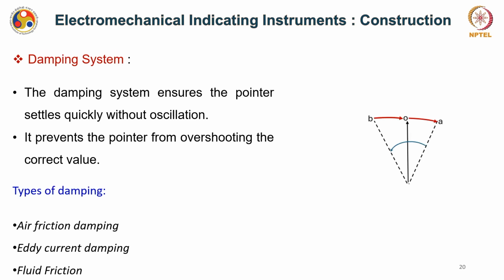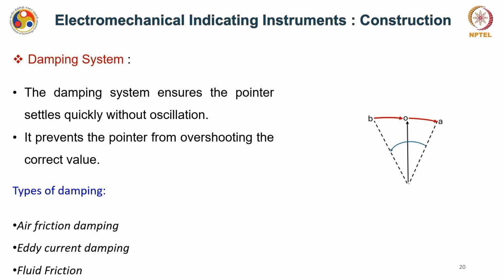Then we have also seen the damping system or damping torque earlier, which was produced by the damping system. The damping system ensures the pointer settles quickly without any kind of further oscillation at the end point. So, it prevents the pointer from overshooting the correct value, and it makes it go to both the extremes without any oscillation.